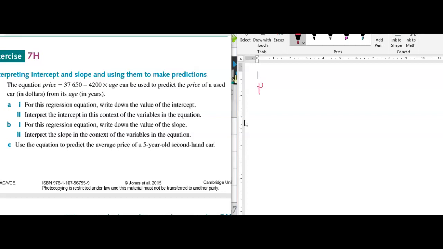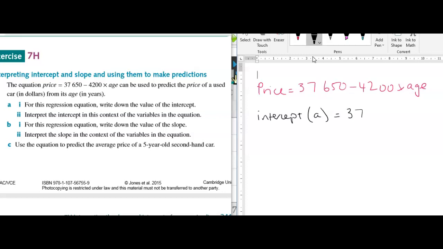Let's write down the equation. We've got price equals 37,650 minus 4,200 times age. Your intercept is always your constant. So your y-intercept, your value of a in your equation, is 37,650.